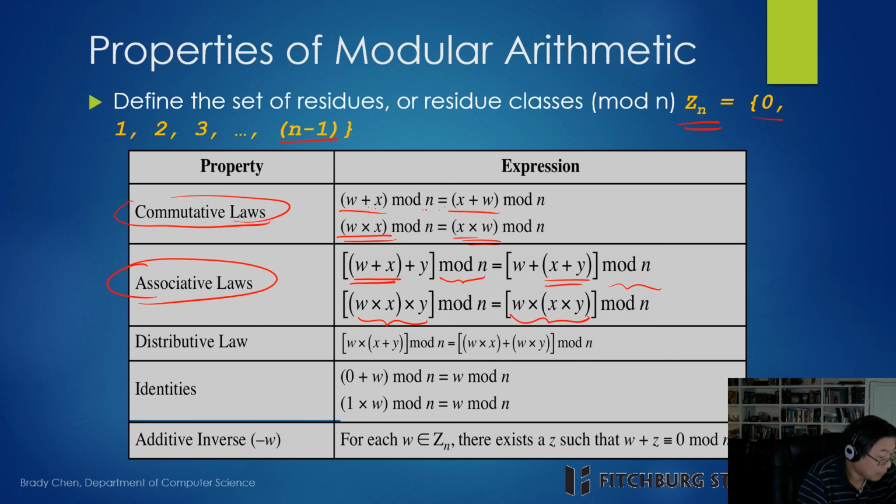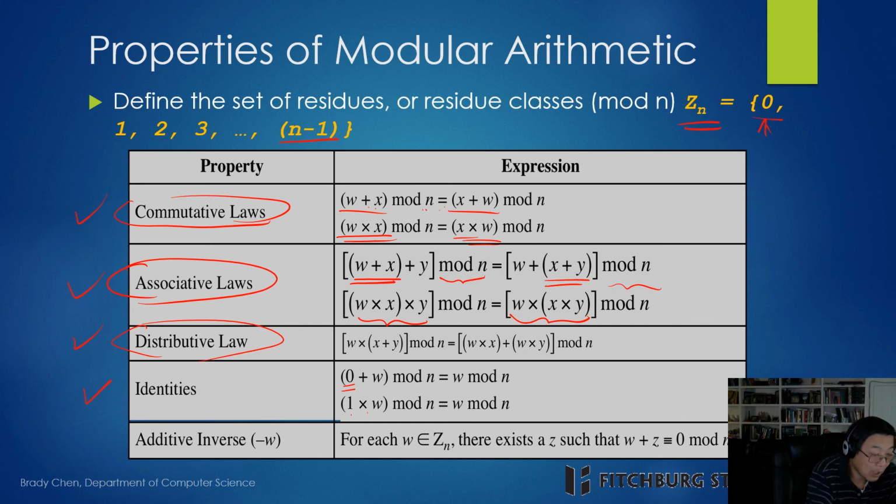This is also generally true for the operation without mod n. Now, here's the distributive law, which is also true. So w times the quantity x plus y is the same as w times x plus w times y. And here are the identities. 0 plus w mod n is the same as w mod n, and 1 times w mod n is w mod n.